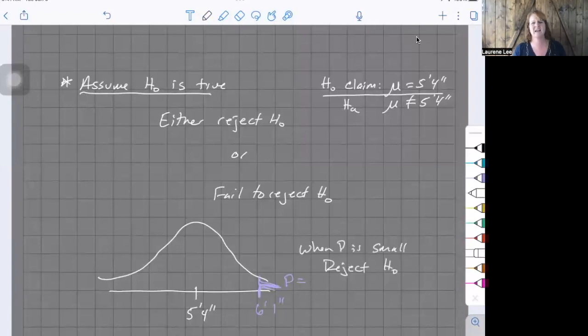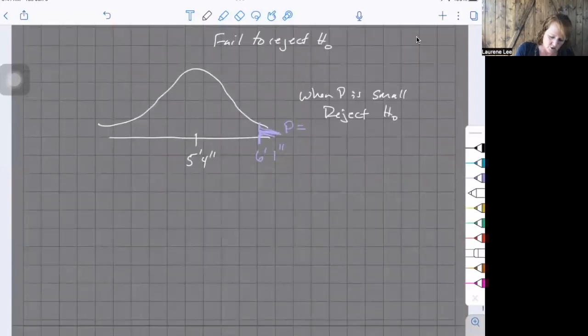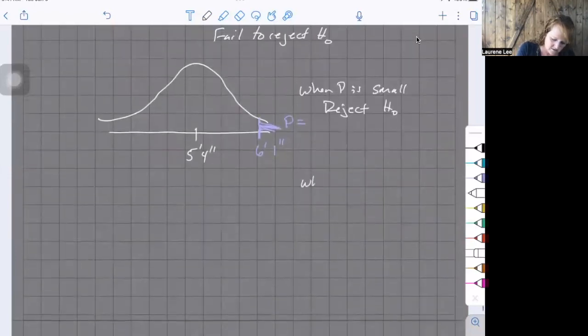Where I'm going to say, hey, you said the average was 5'4". I pulled a sample and I got 6'1". I'm rejecting your claim. Okay. When p is big, we are going to fail to reject H naught.